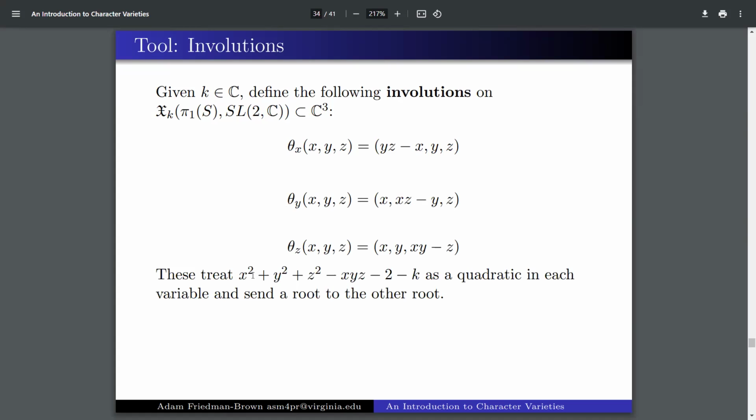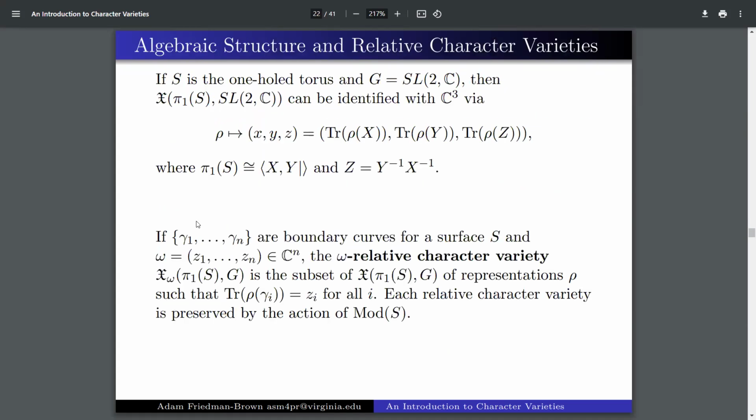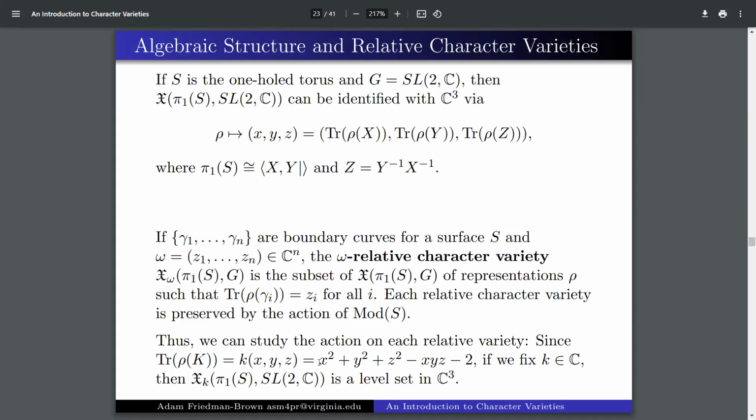Now, what do these come from? These are treating this equation right here as a quadratic in each variable. If I go back a ways, right here, this equation, if we had some fixed k, we just subtract k from both sides, and then we have some equation such that the roots of the equation are the points in the relative character variety.